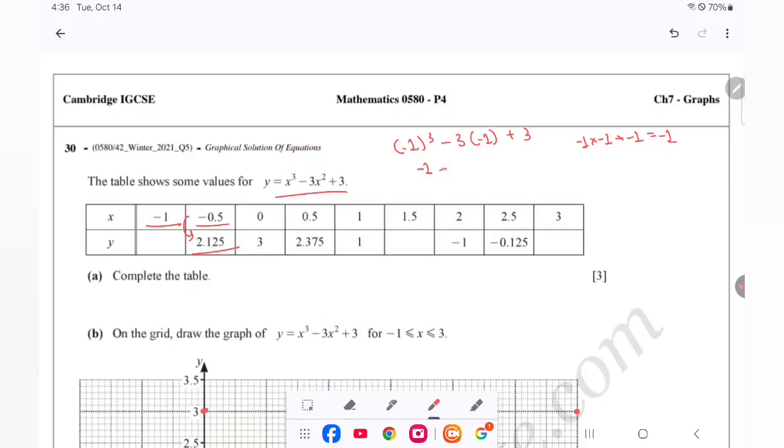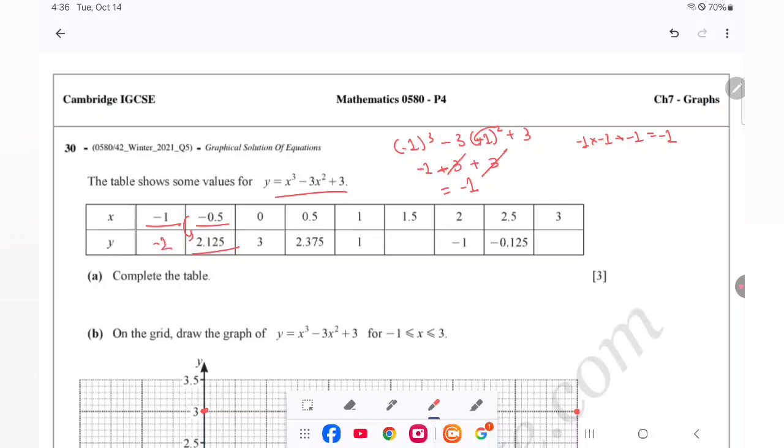Now minus plus, and this is a square. So minus minus plus minus, so negative 3, positive 3 will cancel and negative 1 only is left.